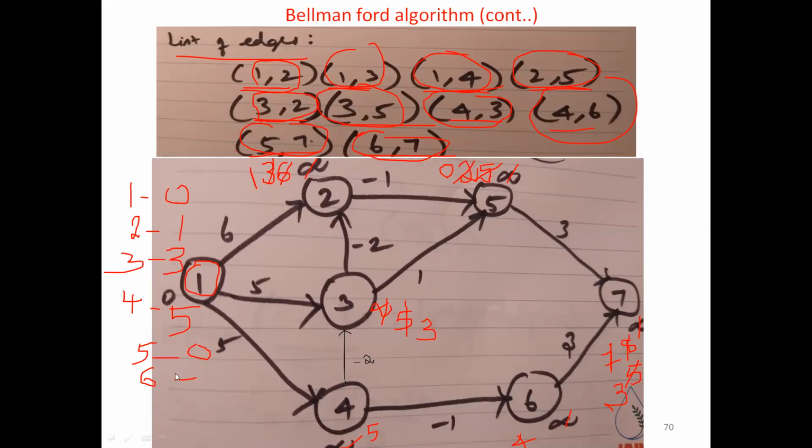For the vertex 6, the value is 4. For vertex 7, it is 3. So these are the distances from vertex 1. We can conclude that these are the shortest paths to reach all these nodes.